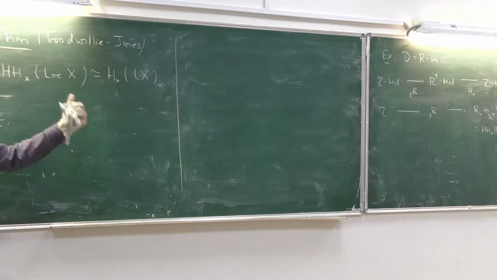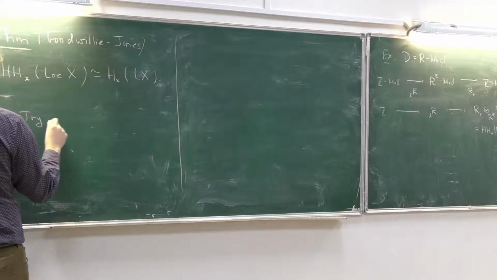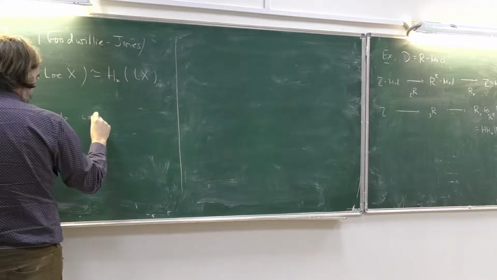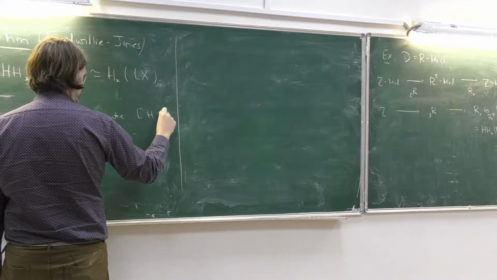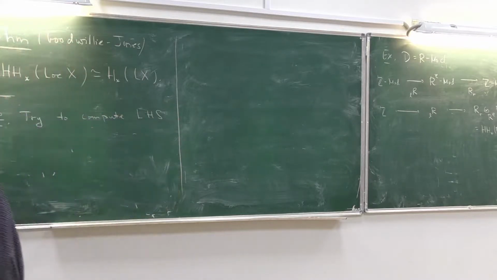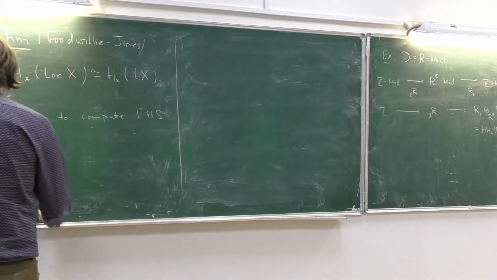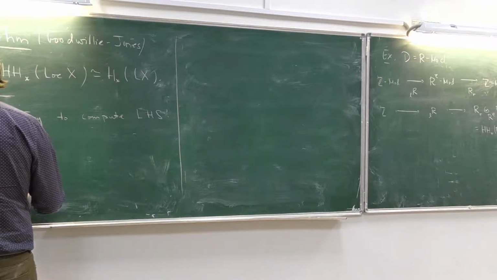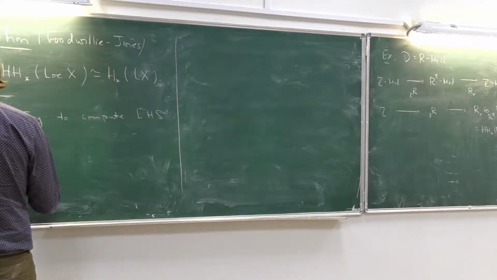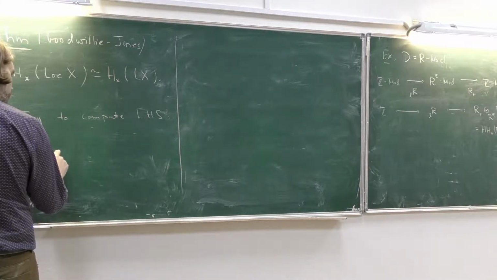Let's try to compute the left-hand side. So I'm going to do it as follows. I'm going to draw a diagram. So I have P, X mapping to a point.